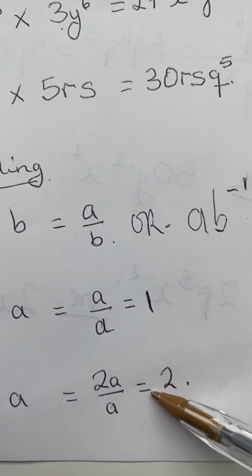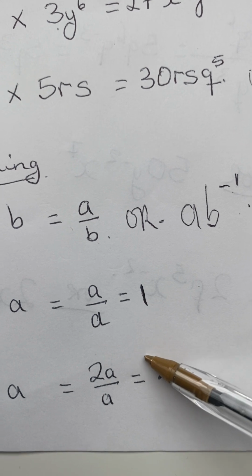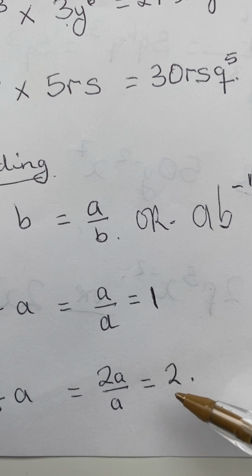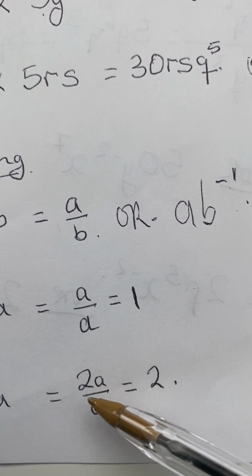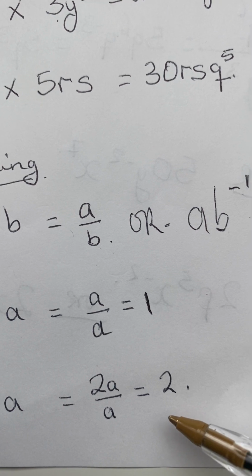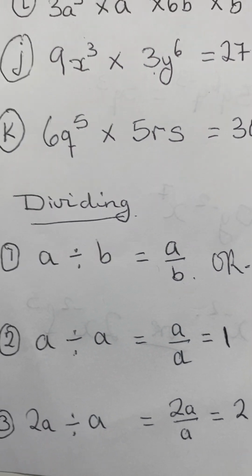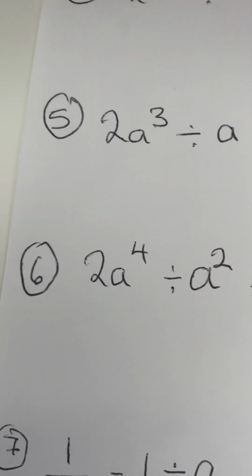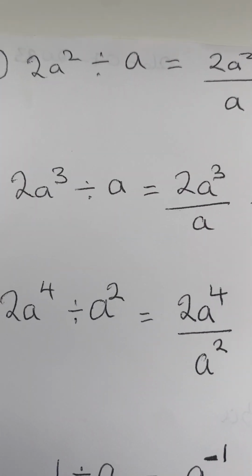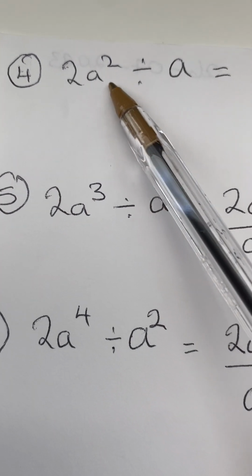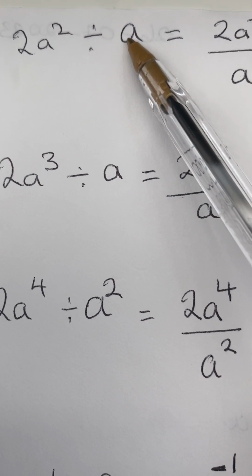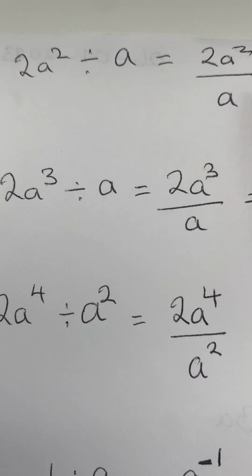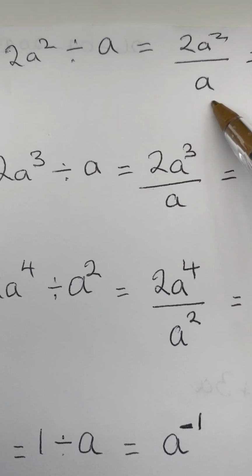This is also very important because if you have complex algebra questions, you need this knowledge to cancel out if you have to divide. We are looking at the division bit before we stop today's lesson. Question 4: 2a squared divided by a.